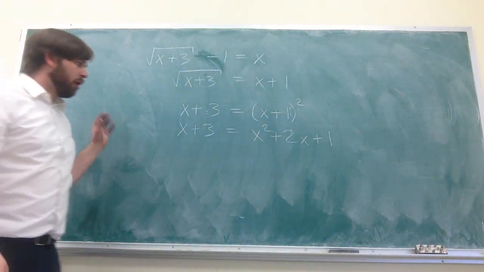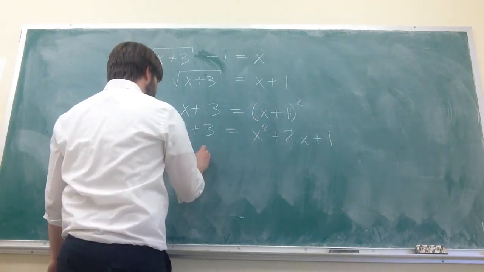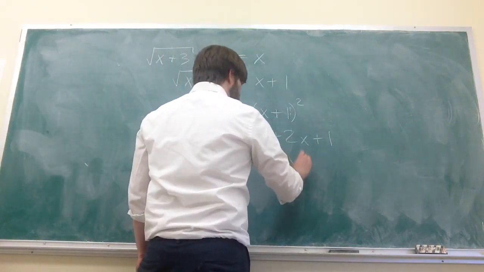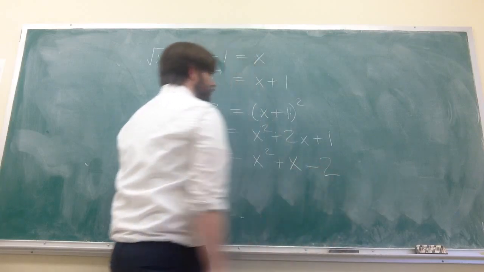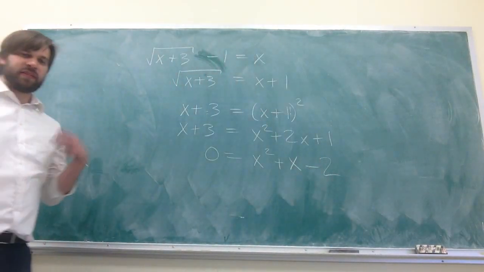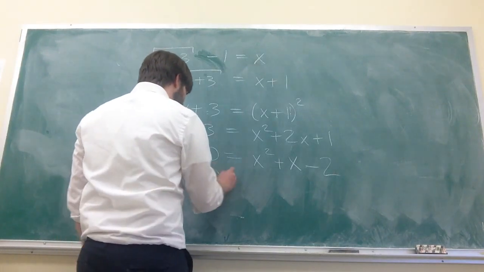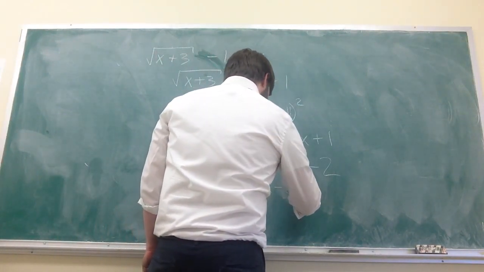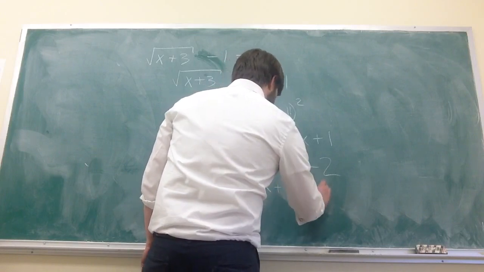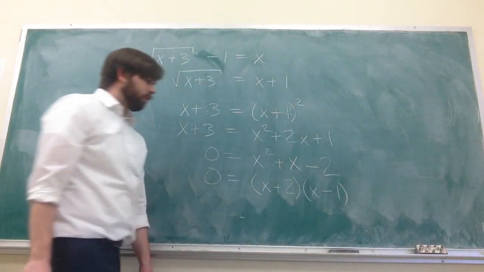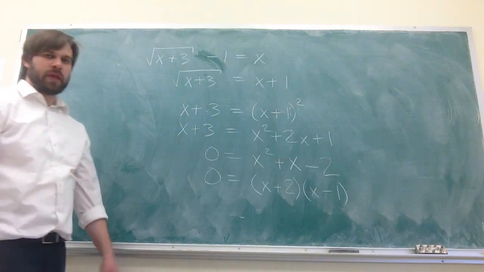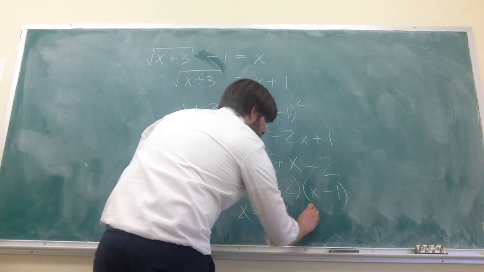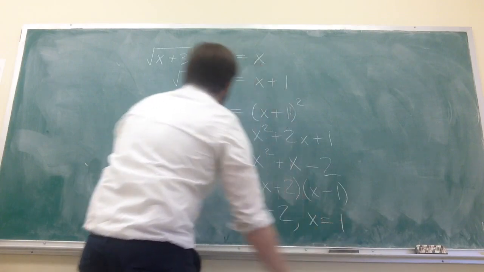Now when we try to get all the x's on one side, we get something a little nicer: 0 is equal to x squared plus x minus 2. Does this factor? It does. 0 equals x plus 2 times x minus 1. So we get two solutions: x equals negative 2 and x equals 1.